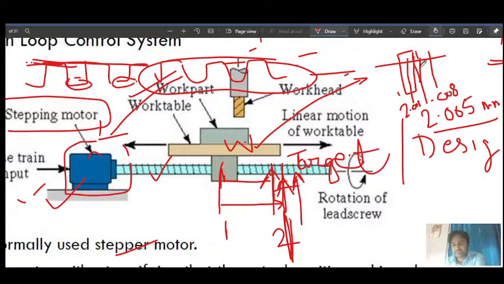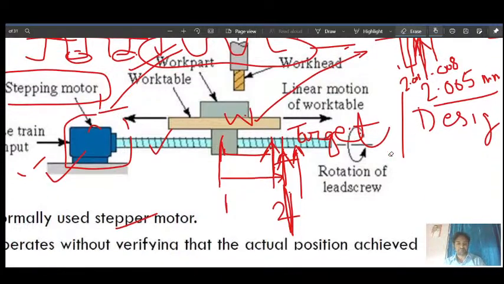So it is difficult to achieve the target position, but generally we consider that we have achieved it, but in reality we are not able to achieve that.